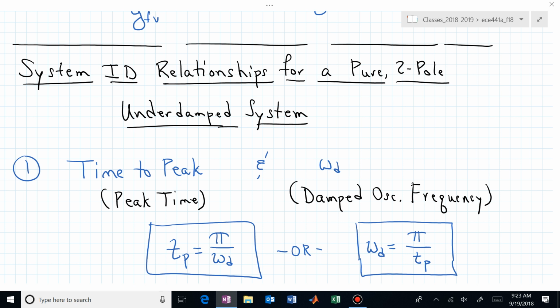Obviously, if T sub p is pi over omega sub d, we can measure that time to peak and solve for omega sub d. Omega sub d is just pi over time to peak. And now at least we know the vertical distance our pole is from the real line. We know omega sub d if we measure time to peak.